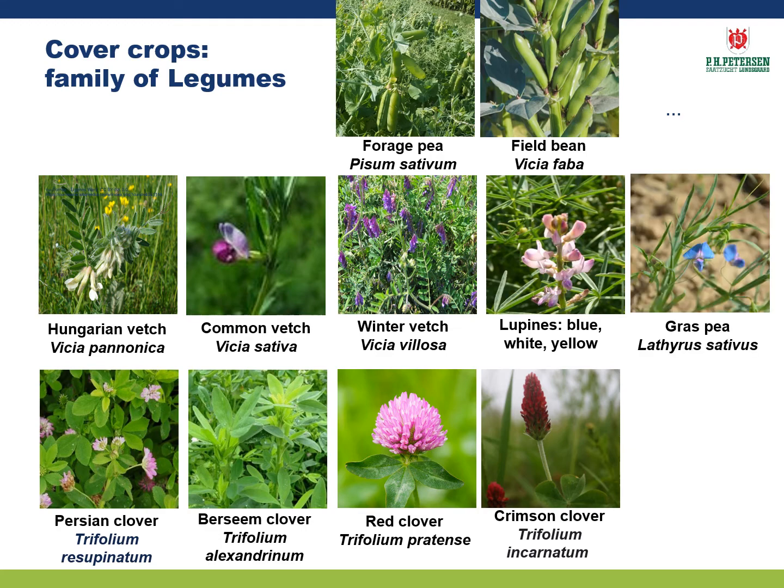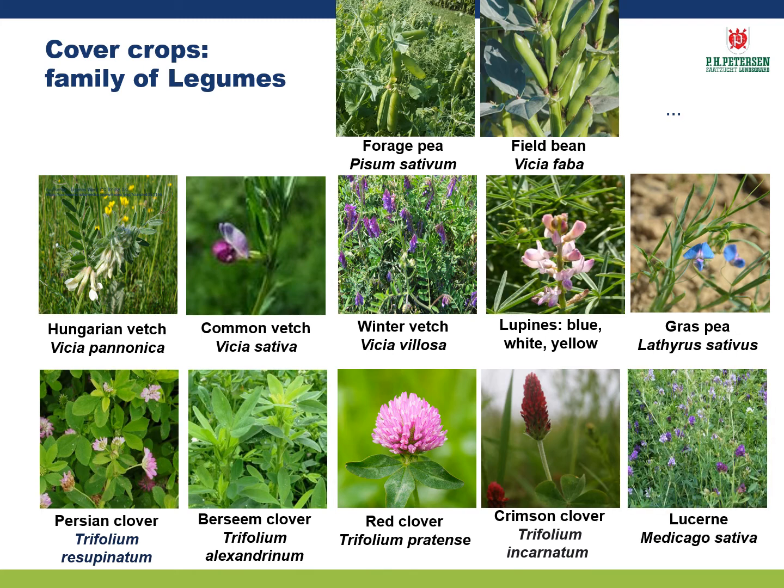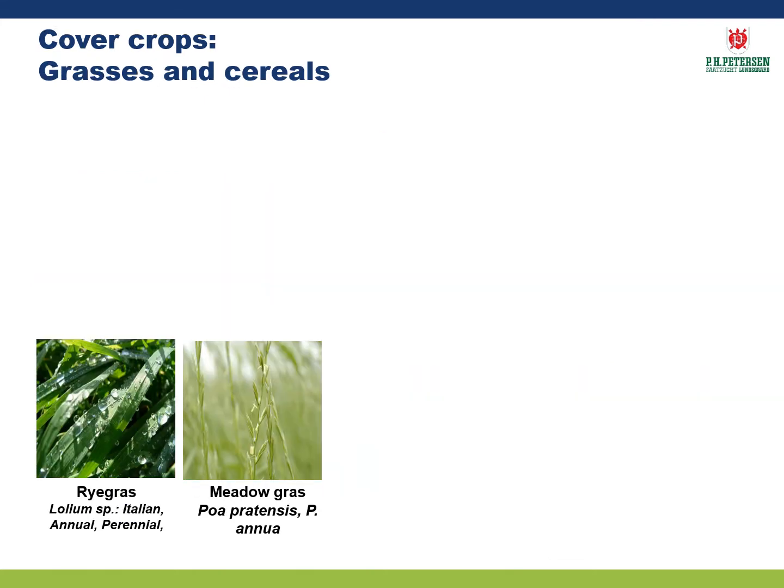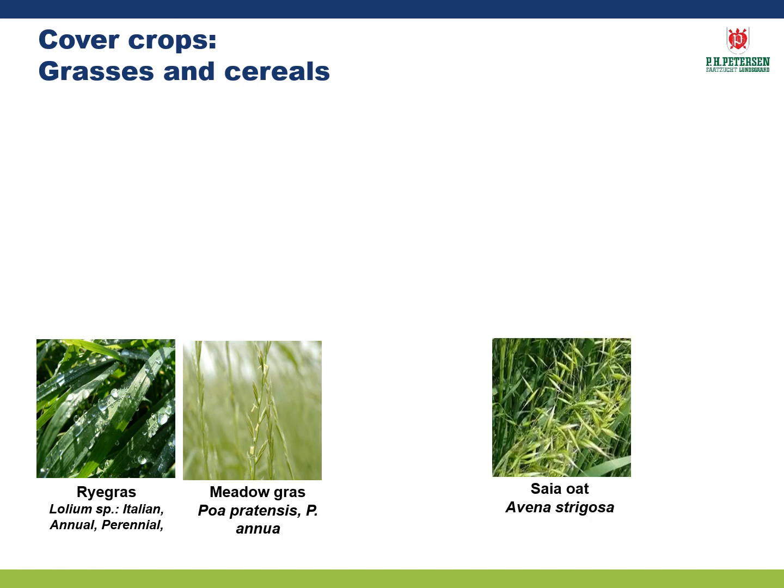The grass pea, Lathyrus, lucerne is used as cover crop, and some other legumes. We have the family of grasses and cereals: ryegrass, meadow grass, Saia oat, which is now very familiar.